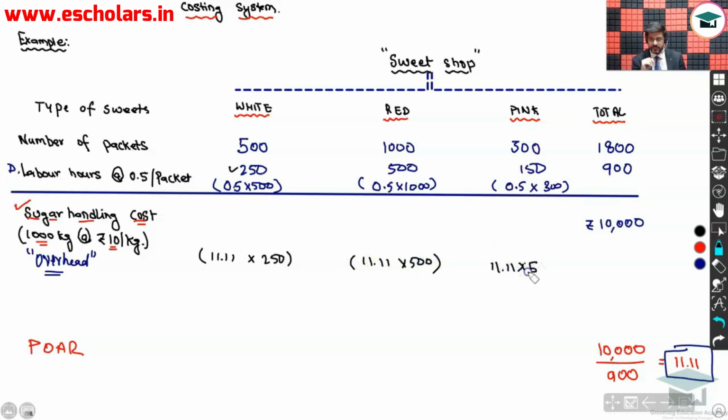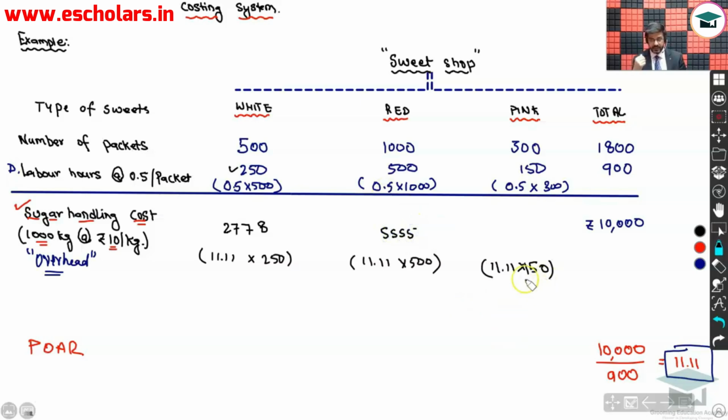So I just multiplied it with 500 and 150. Now let's calculate how much this is coming to. It's coming to 2778. So out of 10,000 rupees of sugar handling cost, we have absorbed 2778 over the sweet white product. How much on red? 11.11 into 500, so 4 times 5.